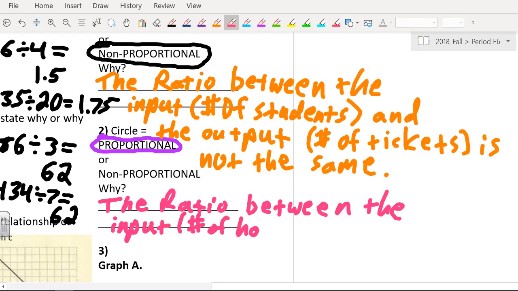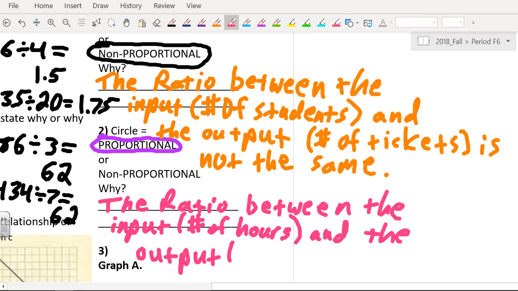And the output, which is what? The number of miles.